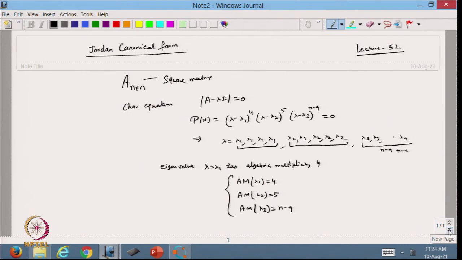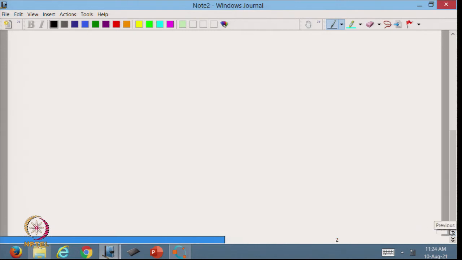Now, I want to find its eigenvectors. So, let us find the eigenvectors. First I take lambda equal to lambda 1.